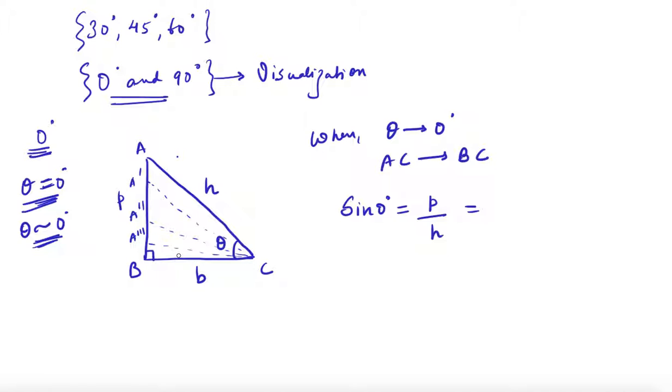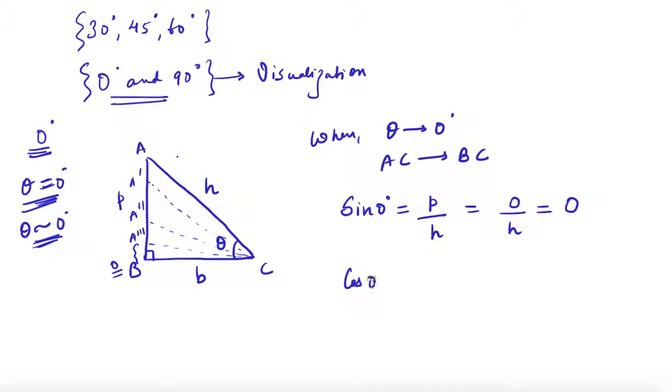That's why I told you in the very beginning that finding the trigonometric ratios for 0 degrees and 90 degrees is more about visualization. So as the hypotenuse coincides with the base, the length of the perpendicular will become 0, right? Now if the perpendicular is 0, whatever the hypotenuse is doesn't matter, because this value will become 0 itself.